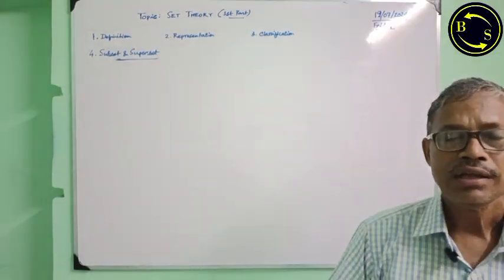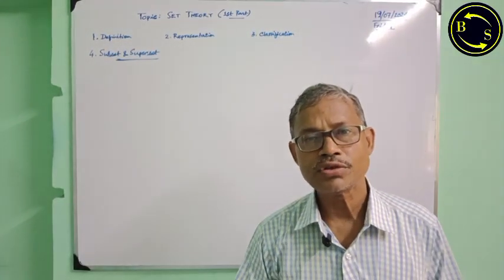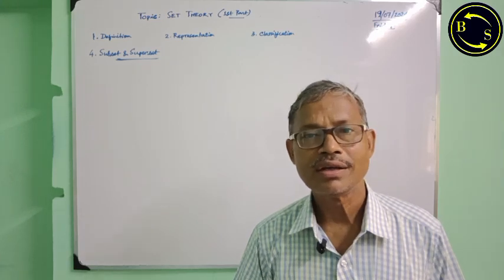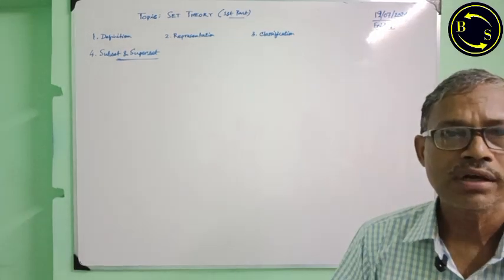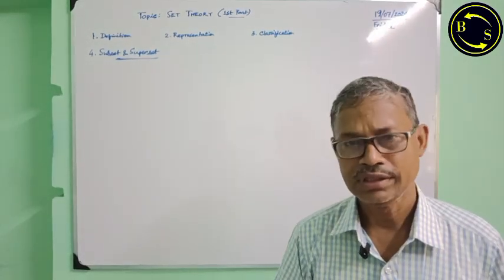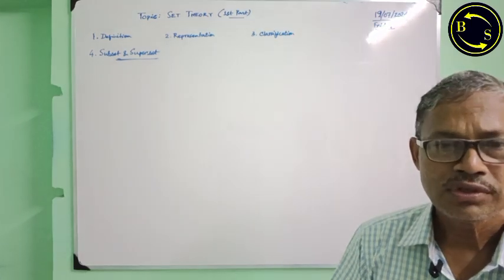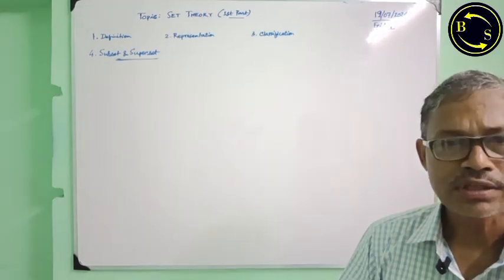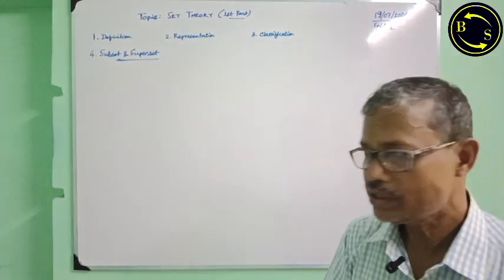Generally, round, closed round figures or rectangular figures roughly are used to describe a set or sets.